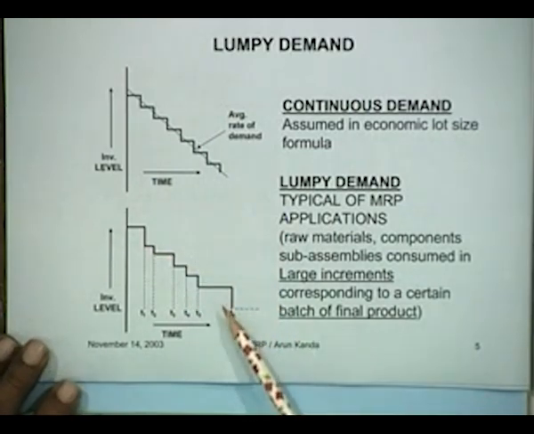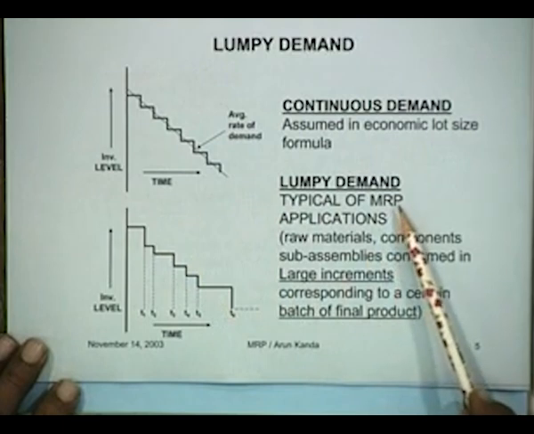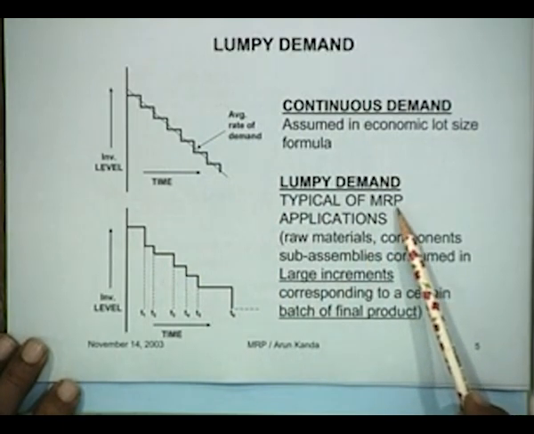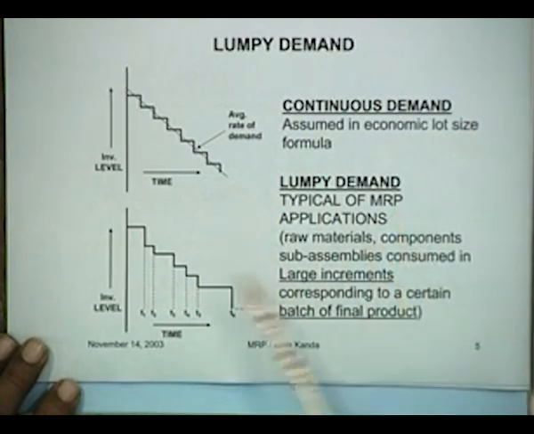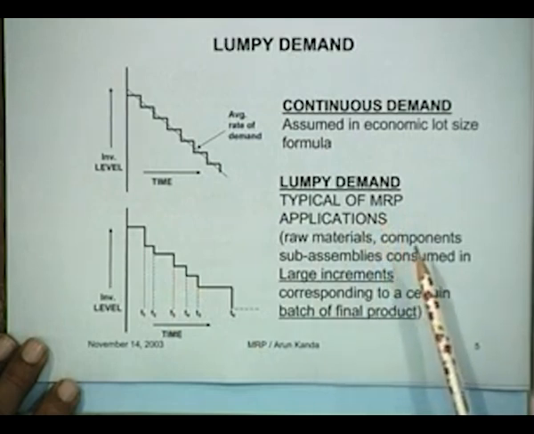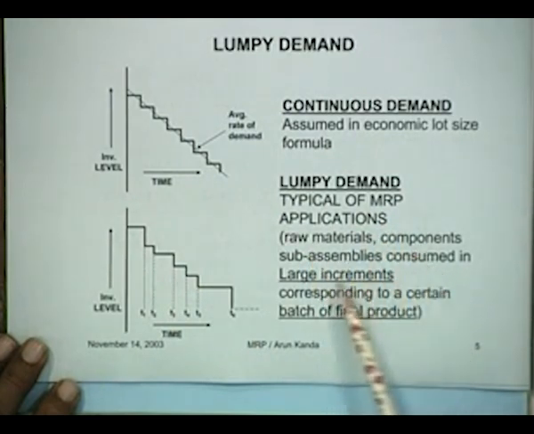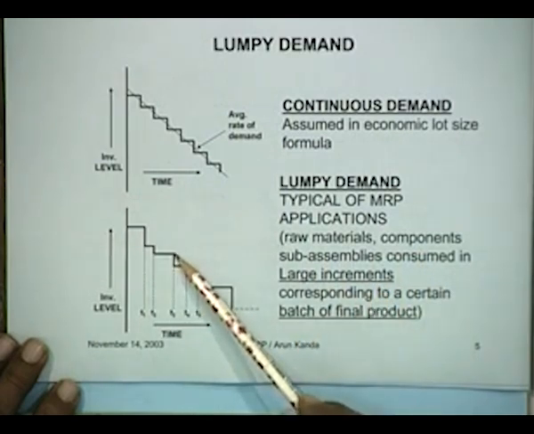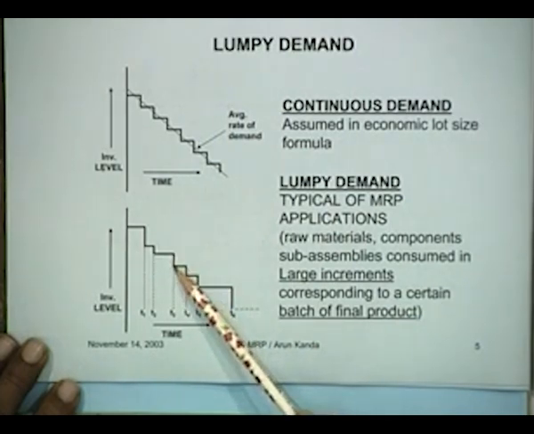So basically, the features of typical lumpy demands, which are typical of MRP applications, are that all these raw materials, components, sub-assemblies are consumed in large increments corresponding to a certain batch of the final product. So this is a withdrawal which takes place when during this period there is a demand for so many units of this particular product.